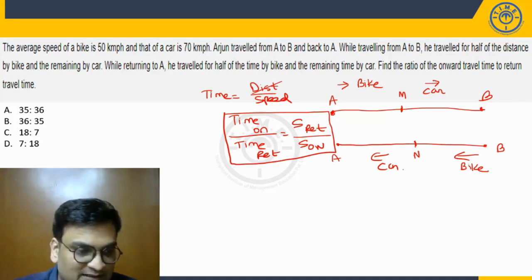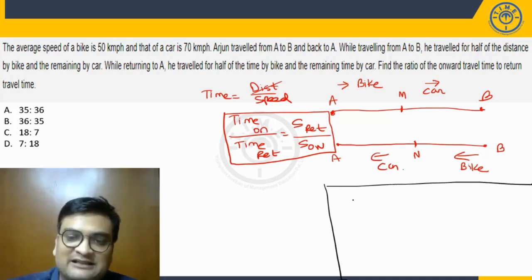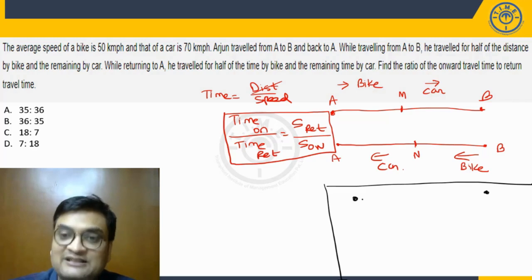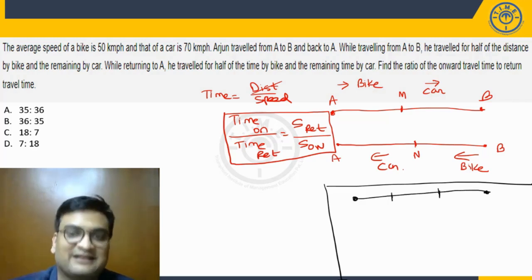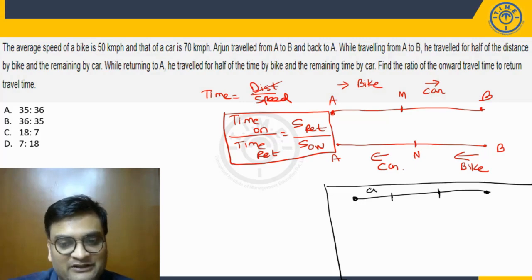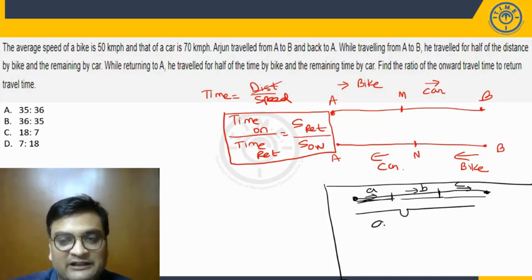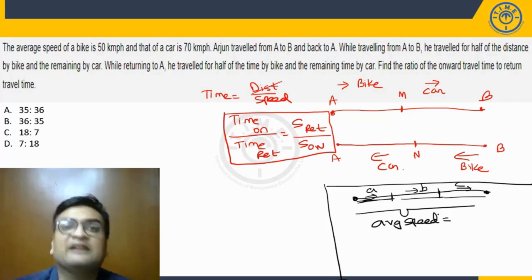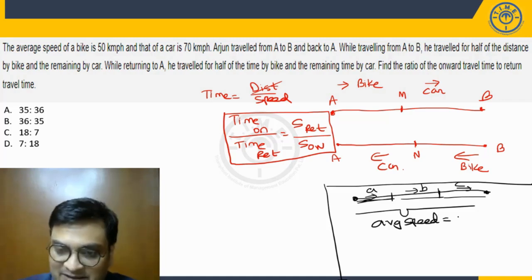Please note there is a small discussion point that we need to have here. When a person travels equal distances, for example, the first part of the journey at A kmph, second part at B kmph, third part at C kmph, such that the three distances are equal, then the average speed is nothing but the harmonic mean of the given speeds.